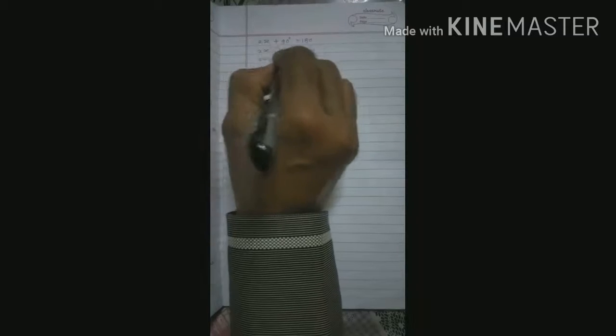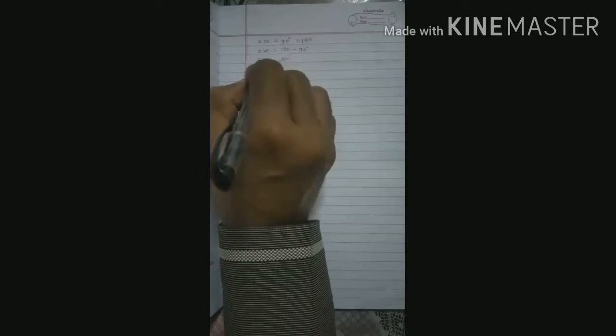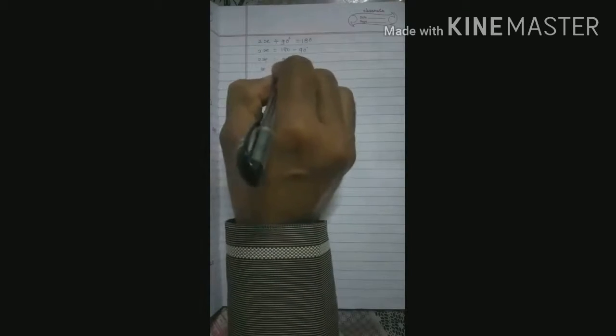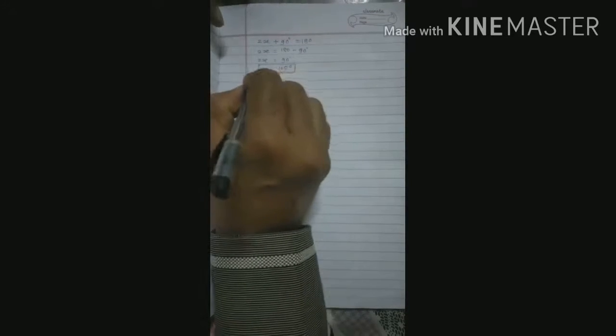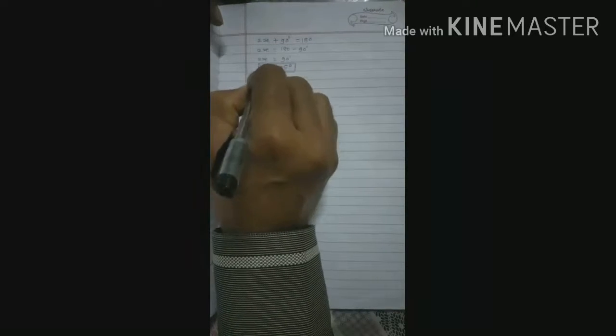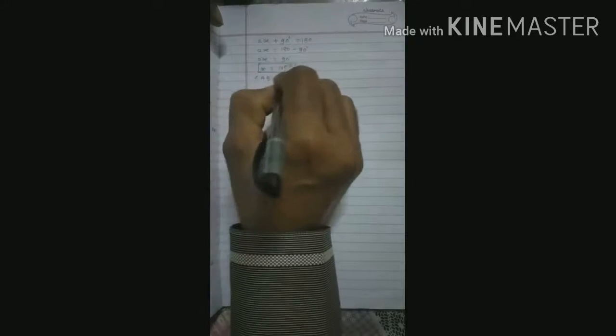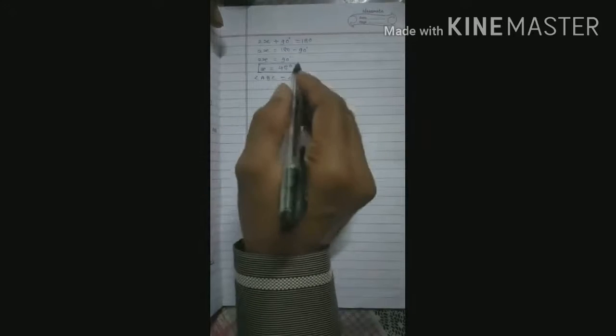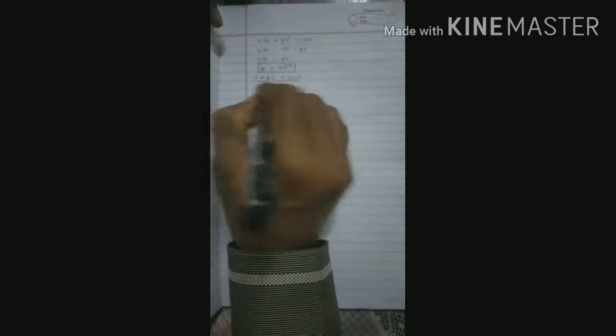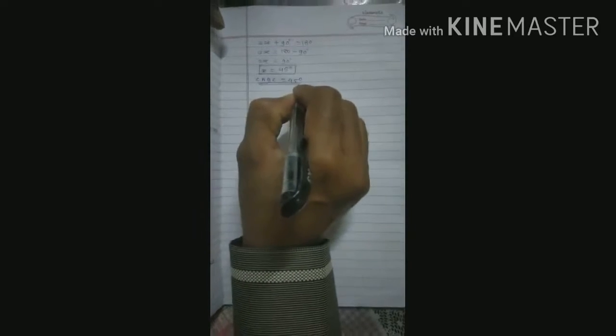Then 2x is equal to 90 degree and x is equal to 45 degree. So each angle is 45 degree, means the angle ABC is equal to 45 degree, and hence our example is finished here.